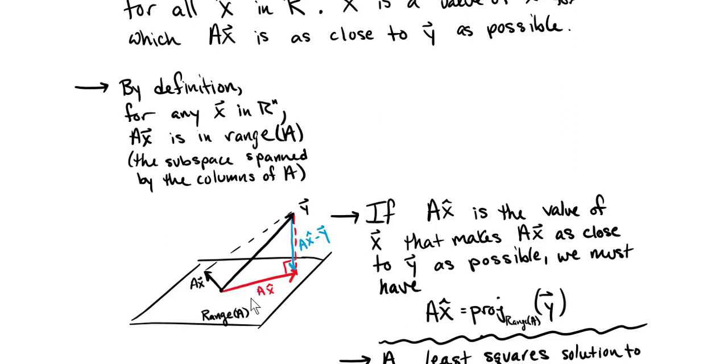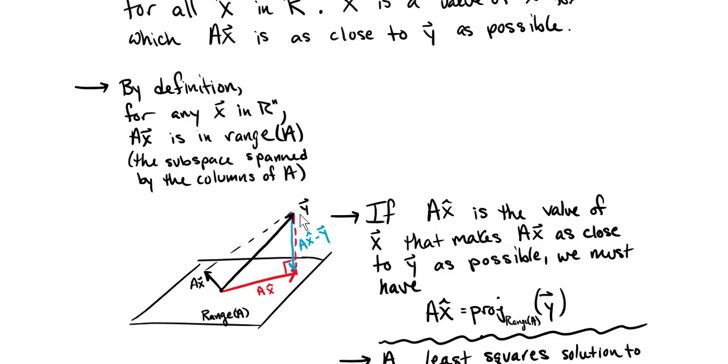And so what should this AX hat vector really be? That should just be the projection of this Y down into the range of A. The range of A doesn't contain what we want it to contain, so we see what's the closest thing in the range of A to what we really want, to Y. Well, the closest thing should just be the projection of Y down into that subspace.